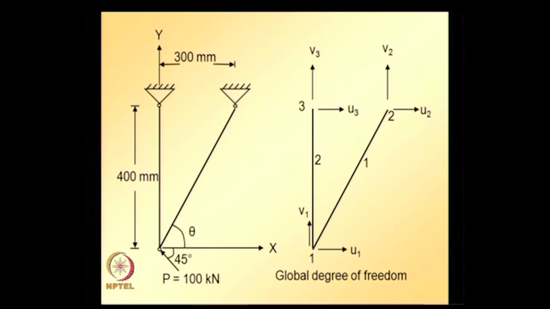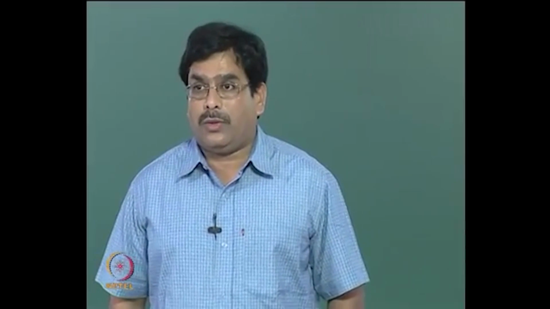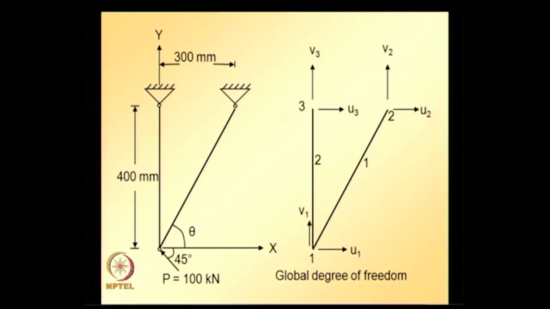So now for this particular problem the node numbers are shown there in the figure, and also global degrees of freedom are indicated in the figure. That is, at node 1 we have 2 degrees of freedom u1 v1. In the global x axis direction displacement is u1, global y axis direction displacement is v1.